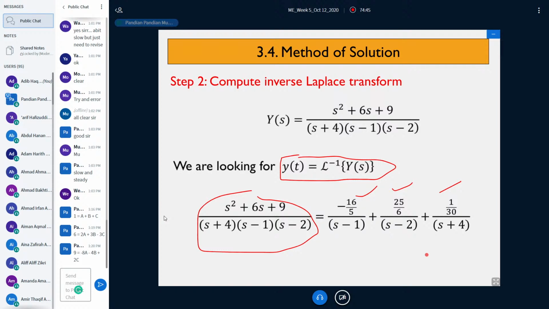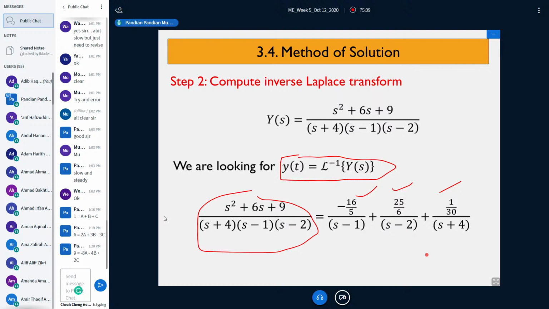So 128 over 5 minus 100 over 6 plus 2 over 30.